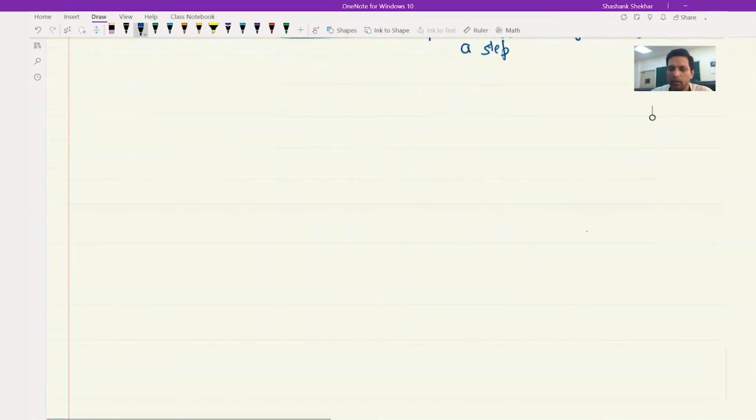So overall, there are certain things that we can summarize regarding the intersection of the dislocations. So let's put those in words over here.